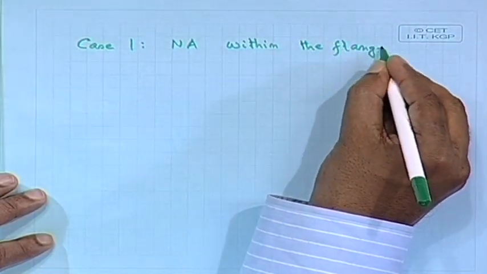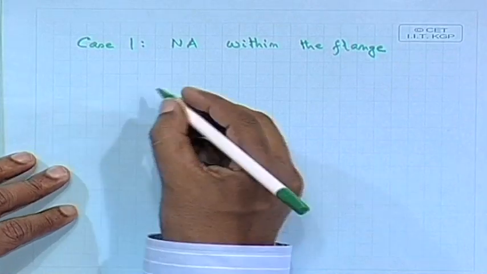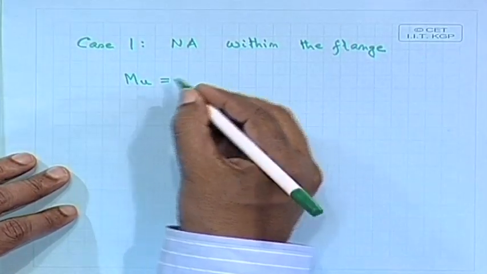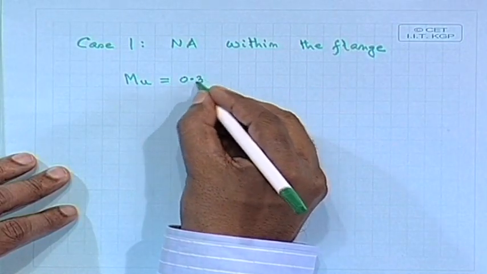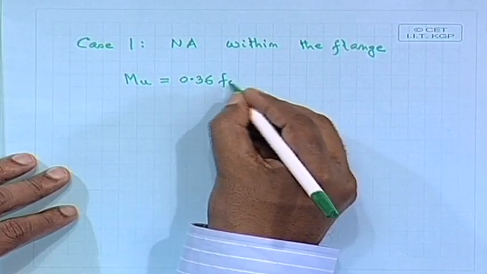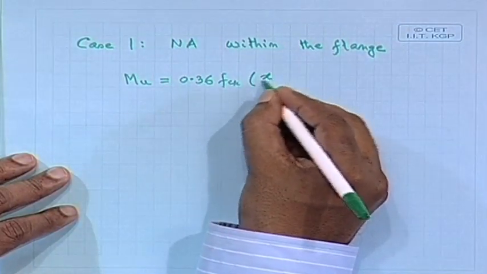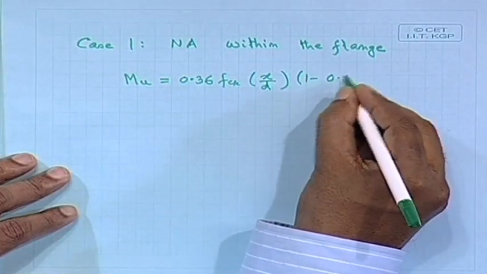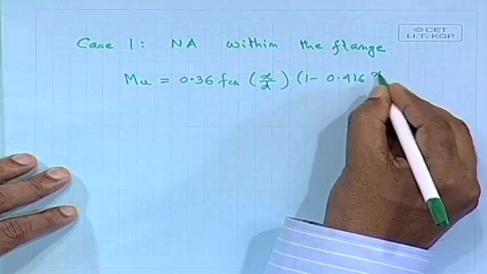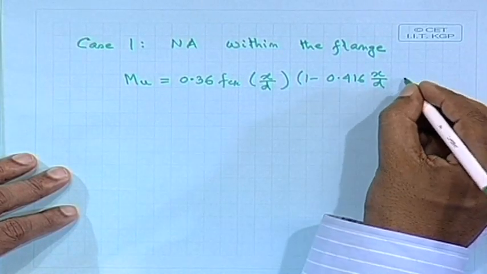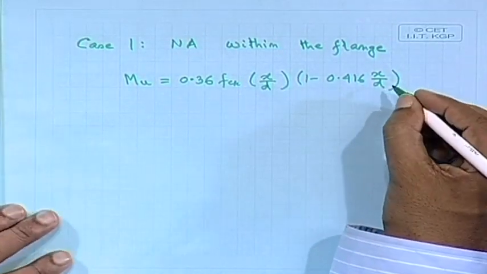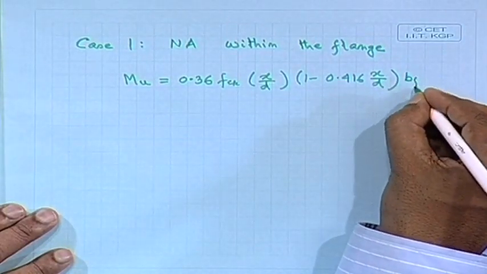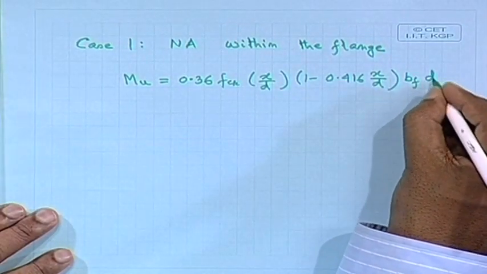We can write down the same rectangular formula, Mu equal to 0.36 fck x by d times 1 minus 0.416 x by d times, what about the width, b d square, here that width will be bf times d square.